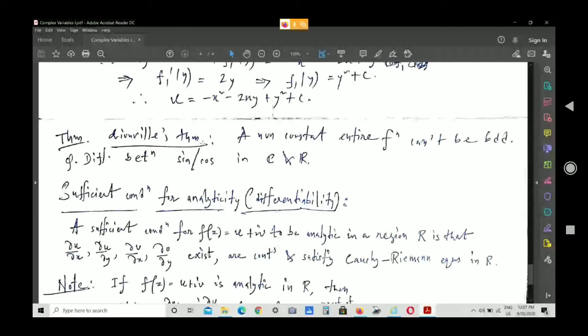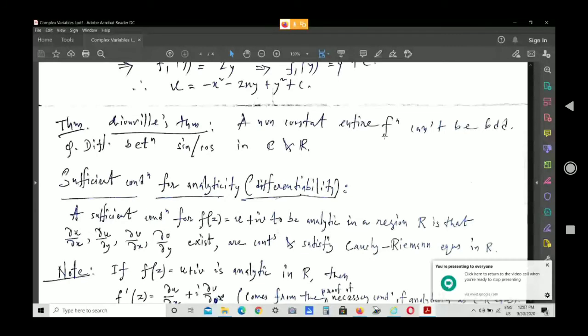One is Liouville's theorem. It says that a non-constant entire function cannot be bounded. A non-constant entire function cannot be bounded.